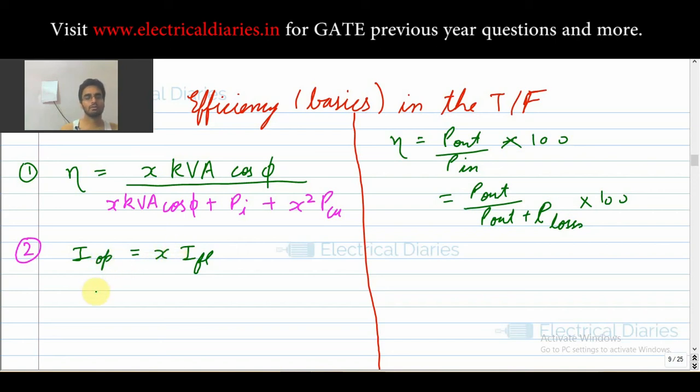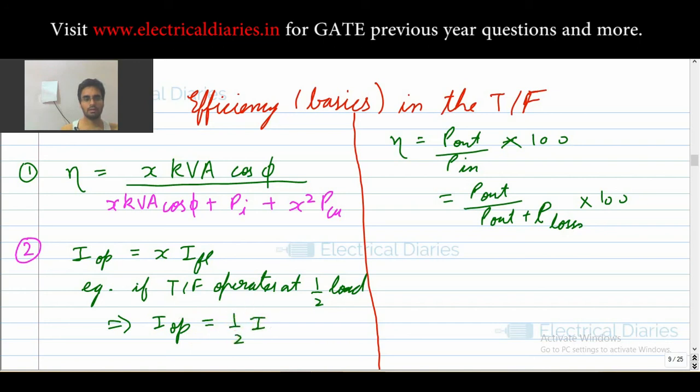Okay, I hope you are getting it. Example, if the transformer operates at half load, this implies that your I operating, always the loading affects the current, that you should always keep in your mind. Your I operating is half into I full load.